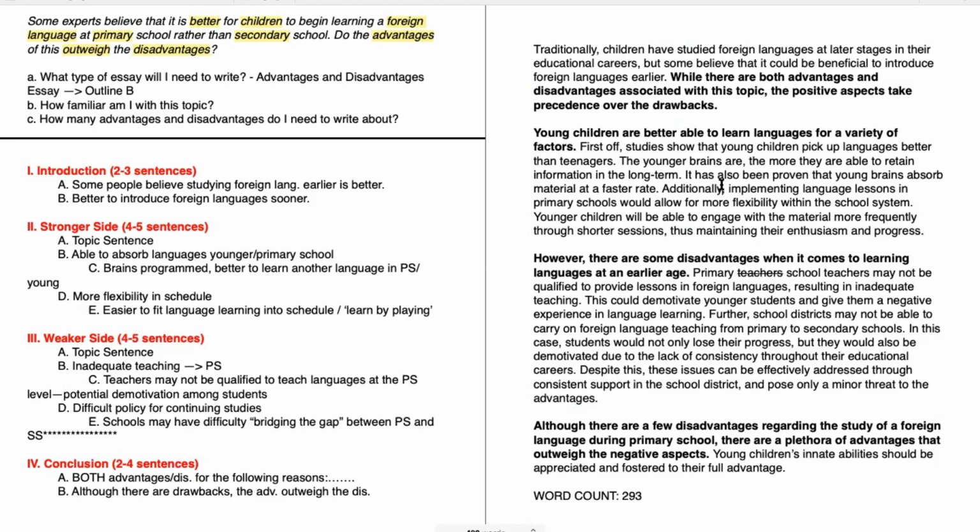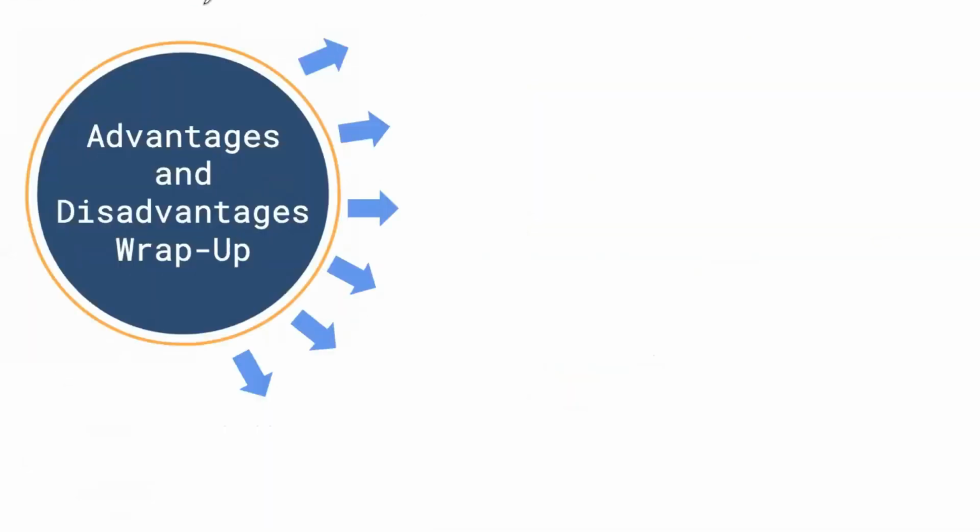Okay, let's go ahead and wrap up this lesson. First off, with any writing prompt, you always want to read and understand the question that you have. Now, this step is really important because you'll have to understand which question you have to work with. There are these three main types of advantages and disadvantages. You might have that basic one that just asks you to list off the advantages and disadvantages.